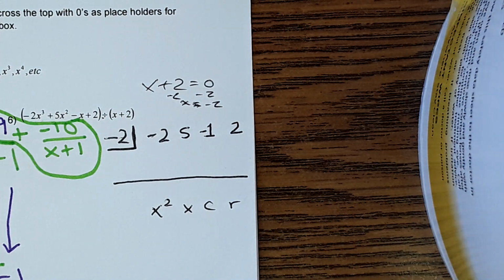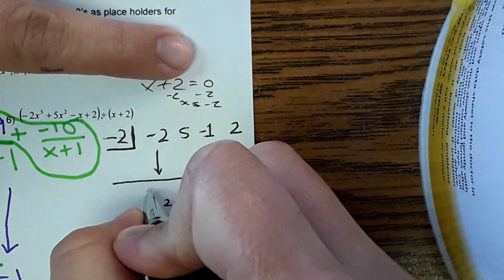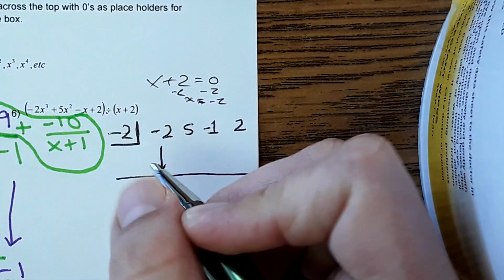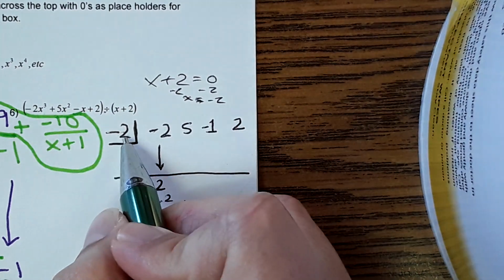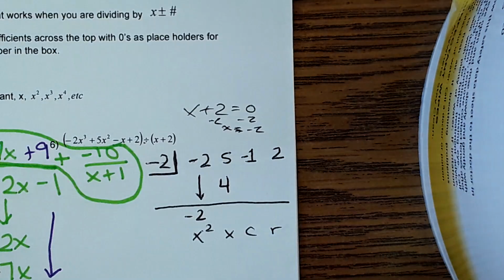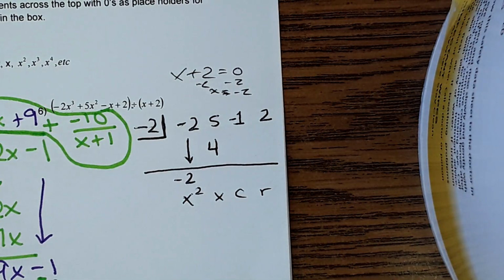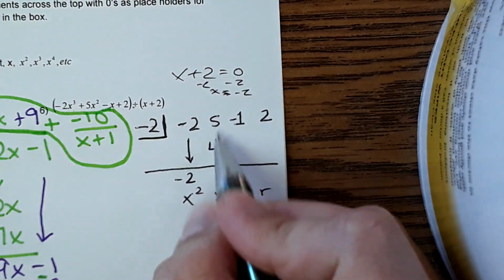Okay, so now here's the process. We're going to bring down this first term, negative 2, and put it here. And then we're going to multiply this number in the box by negative 2, which would get 4, and put 4 here. And then add these two terms.